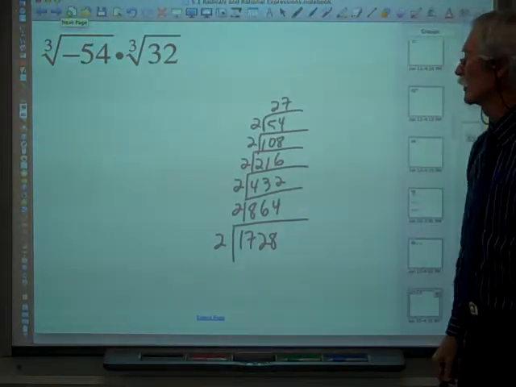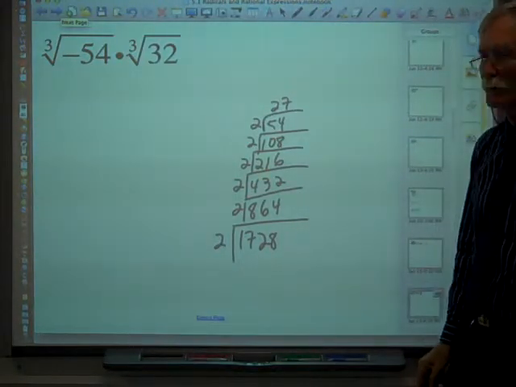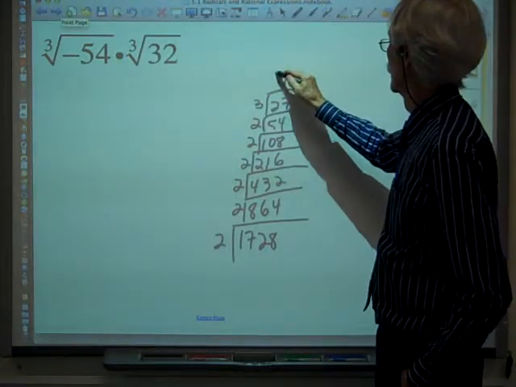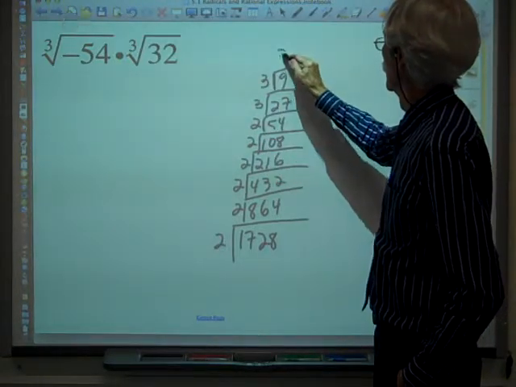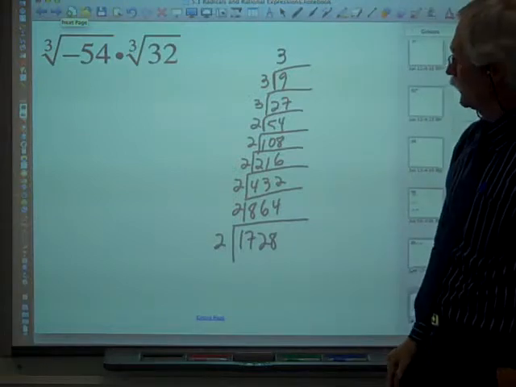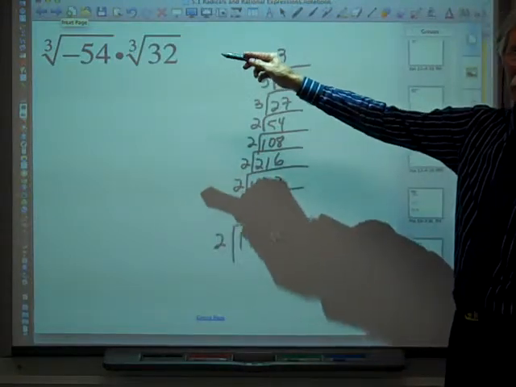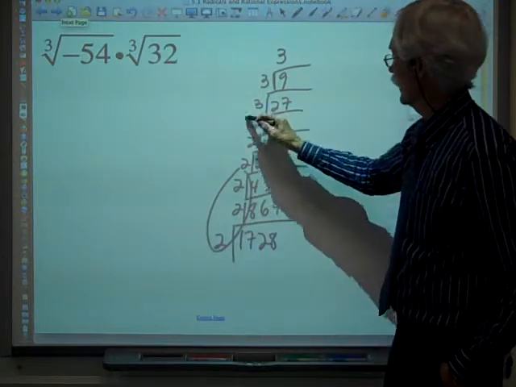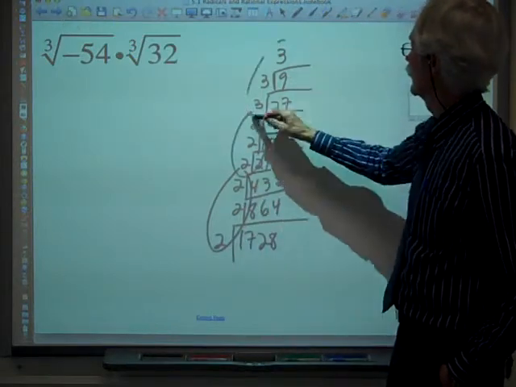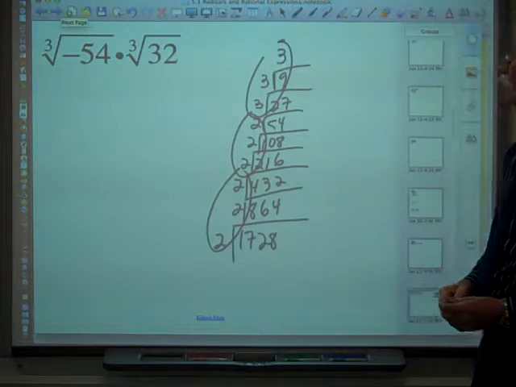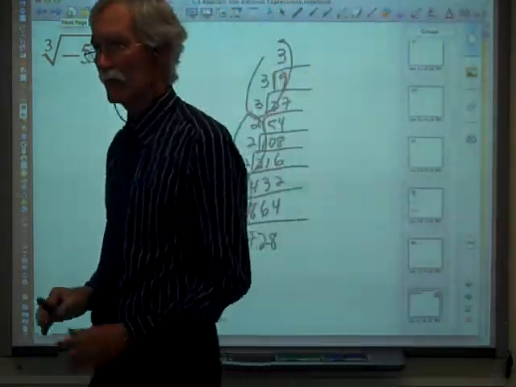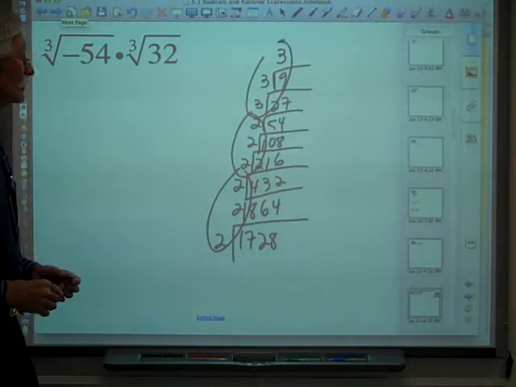Uh-oh. What goes into 27? 3? That's perfect. Oh, lovely. And are they cube roots? Yeah. So we want groups of 3, groups of 3. So what will this end up being? Any shortcuts here?